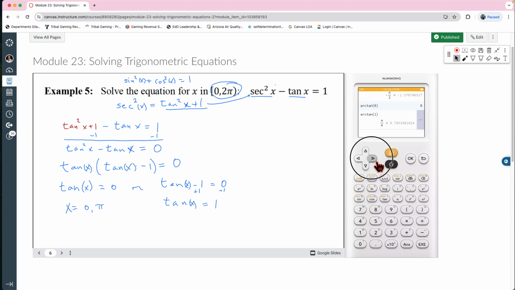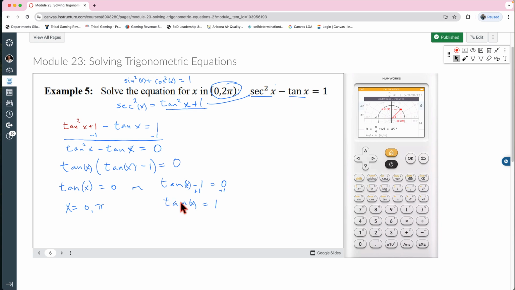But again, we want to look at our unit circle. So pi over 4, so where would be the other place? We might think it's in the second quadrant or maybe the fourth quadrant, but remember, signs are opposite, so the sine is positive, cosine is negative. Tangent's going to be negative in the second quadrant and the fourth quadrant.